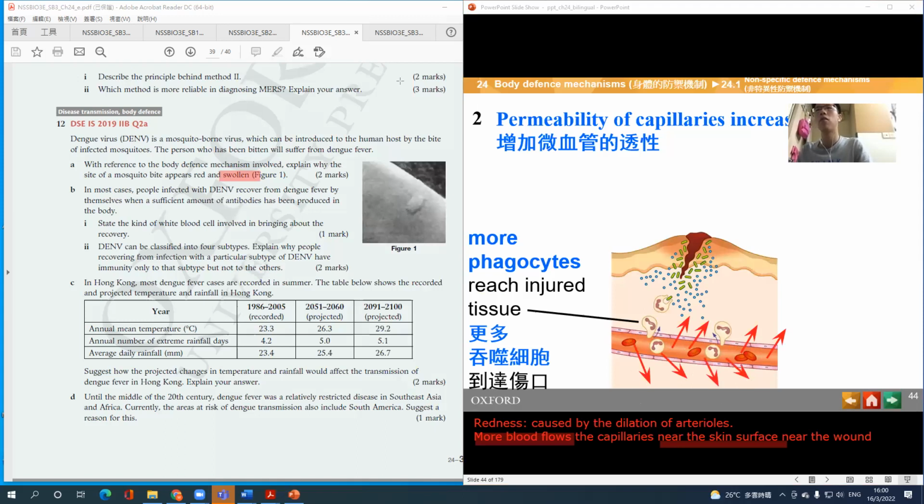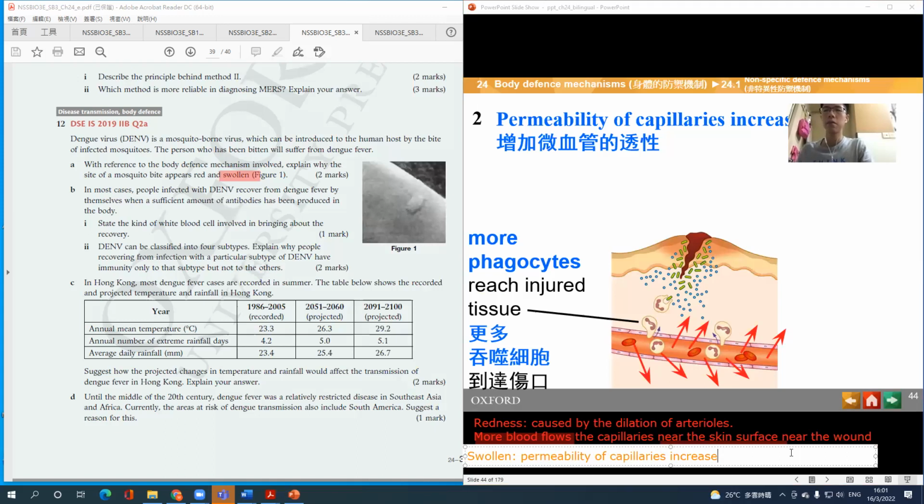Therefore, it turns more swollen because the permeability of capillaries increases. There is more water coming out.